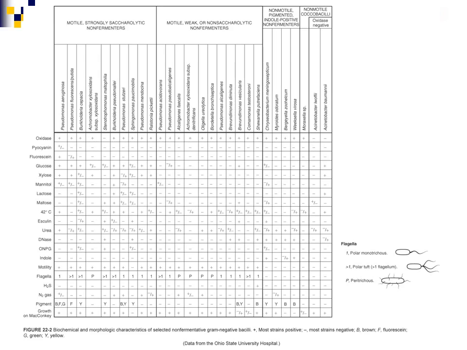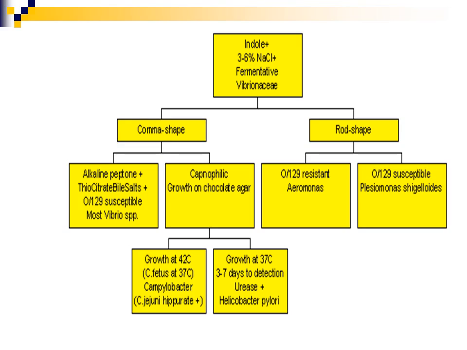Most of them will grow on MacConkey agar. So that's except for your Moraxella organisms. So we already talked about Moraxella. Some do and some don't. So you should know the key ones. Most of the big Moraxellas do not grow on MacConkey. So that's a key feature about Moraxella.